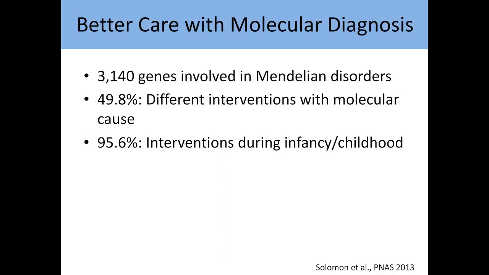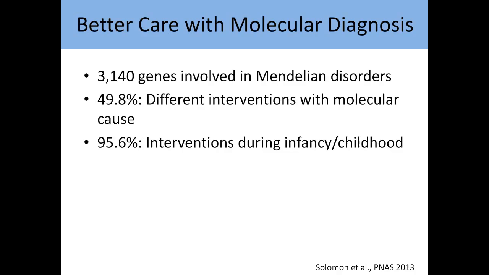I want to make this point because I think it's very important. A lot of us on the call, as people involved in genomics one way or another, realize the importance of being able to diagnose these kids, but I want to underscore that point with some concrete data. And I know these data because I spent a lot of sleepless nights working on this. Currently, if you look pretty strictly, as of a few weeks ago, there are a little over 3,000 genes known to be involved in Mendelian disorders.